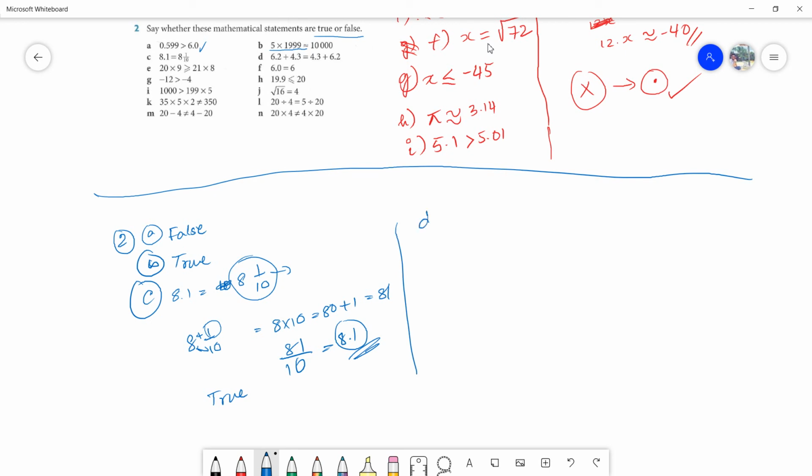We have D. Okay, 6.2 plus 4.3 is equal to 4.3 plus 6.2. It's true. Okay, E, 20 times 9 is greater than or equal to 21 times 8.